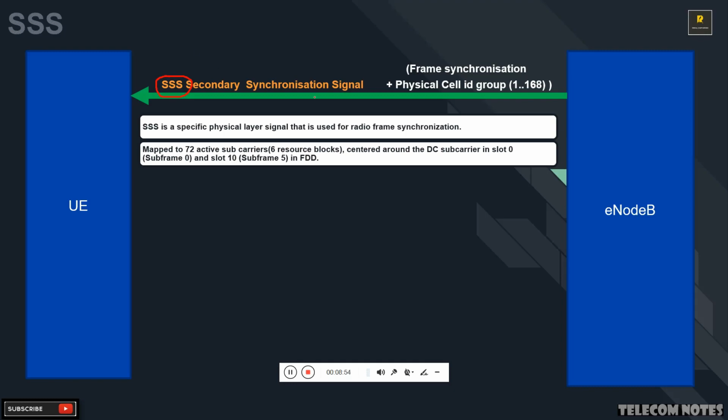The OFDM symbol is the 7th OFDM symbol in case of PSS, and the 6th symbol will be used for SSS.